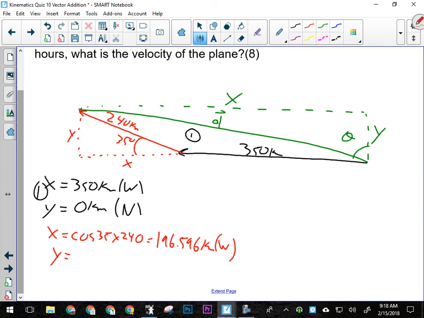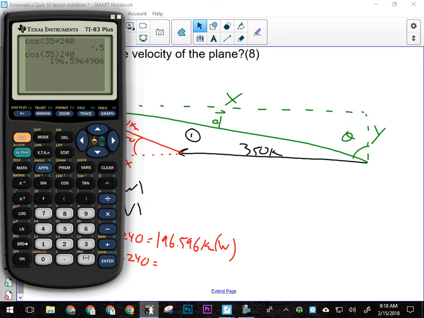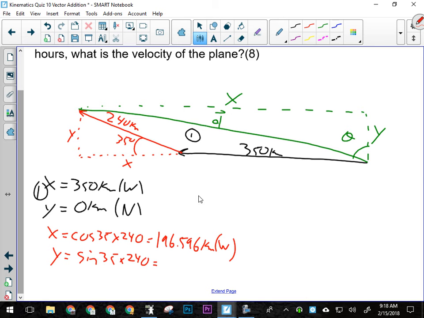All right, for y, sine of 35 times 240 gives us 137.658 kilometers, and that's going to be north. Okay, one mark each for those. So we're up to 4 here.